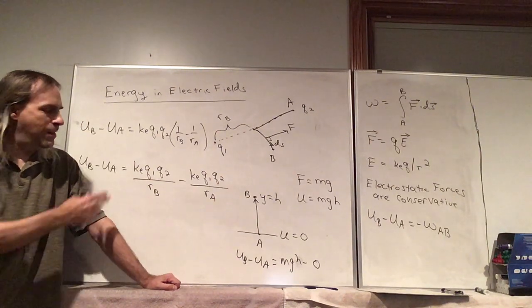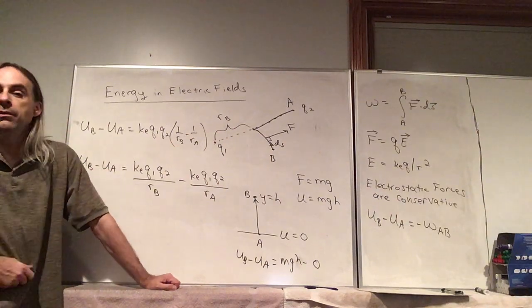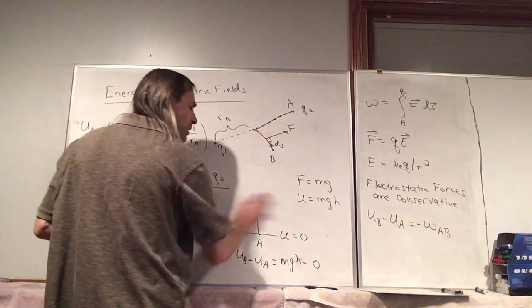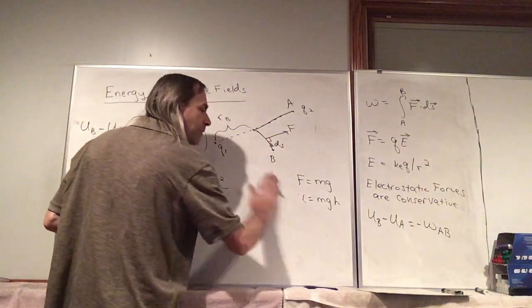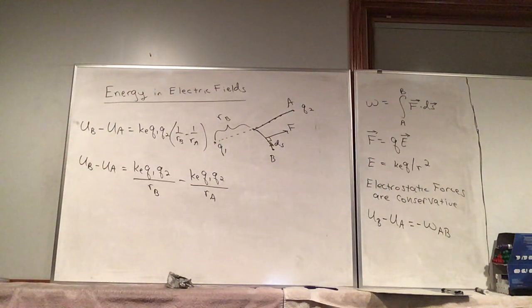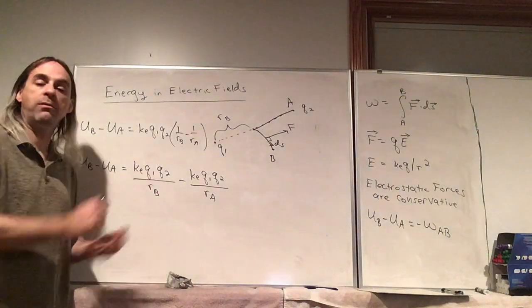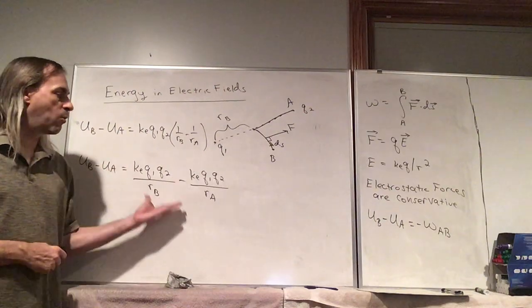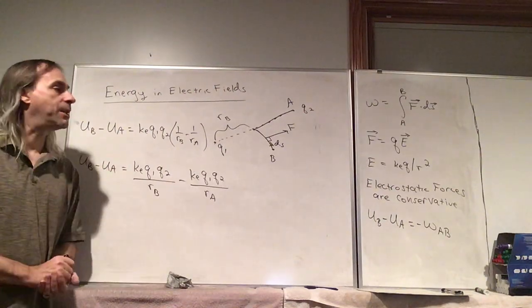And that's a little more difficult to do in this case, though, because with electrostatic forces, we can't pick a radius that's going to set one of these terms equal to 0, at least not at any finite place where the potential energy would be 0.